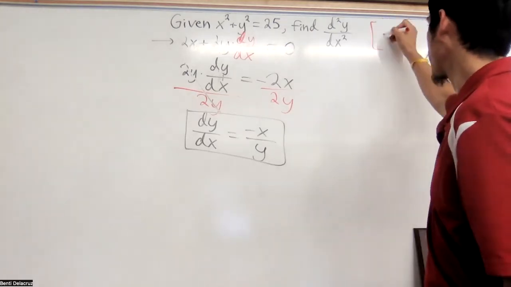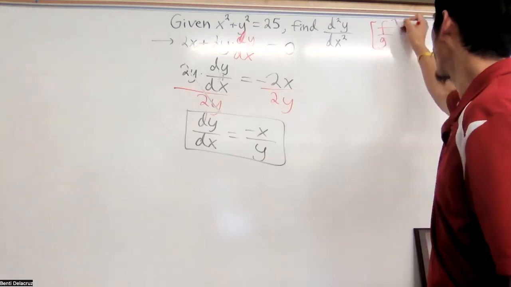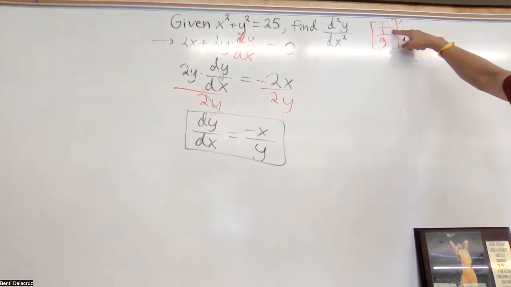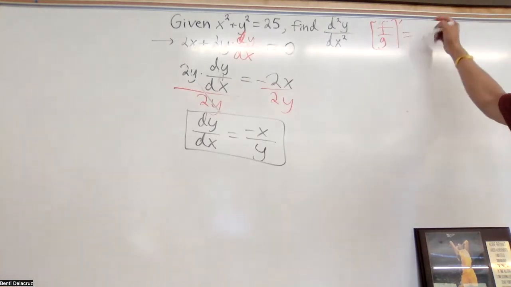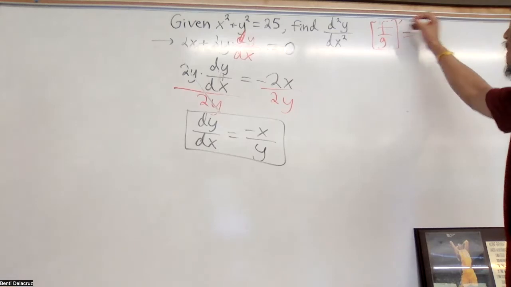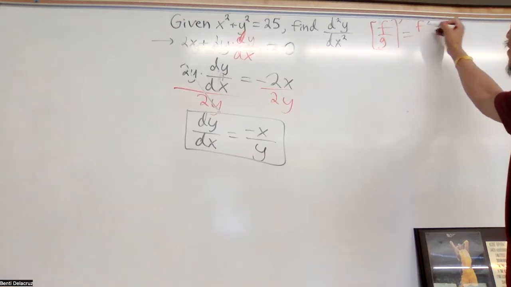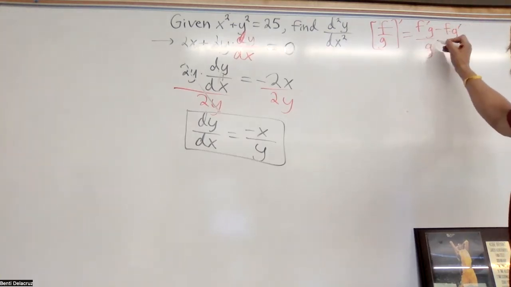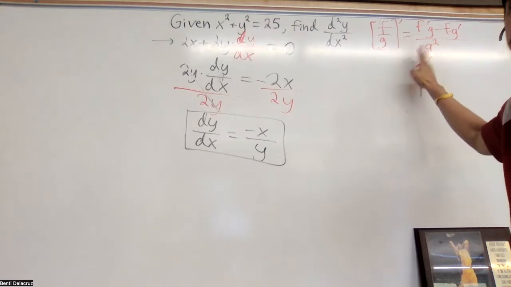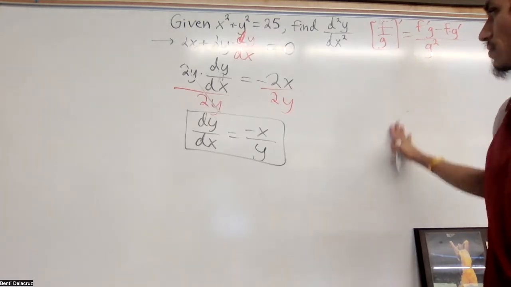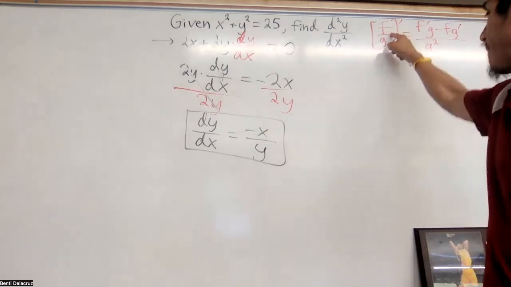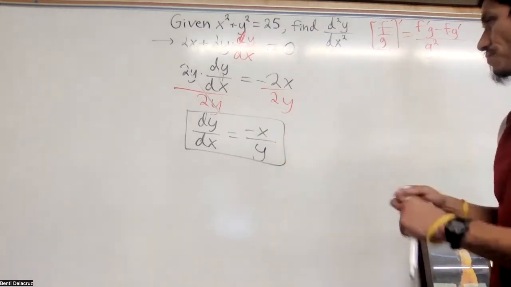If we have f over g, and you're going to differentiate, this will be equal to the top derivative, so f prime times g minus f times g prime, all over g squared. There's a review of the quotient rule. So the negative x, think of it as your f, and then the y as your g.